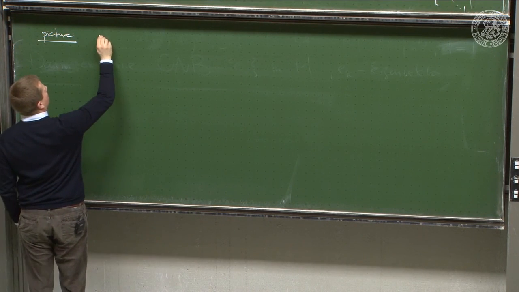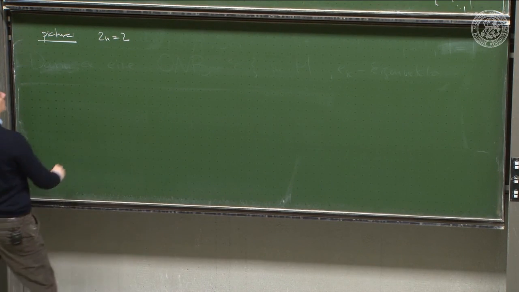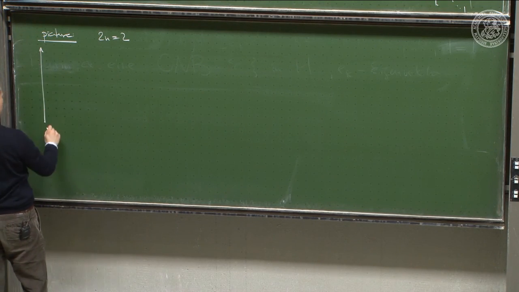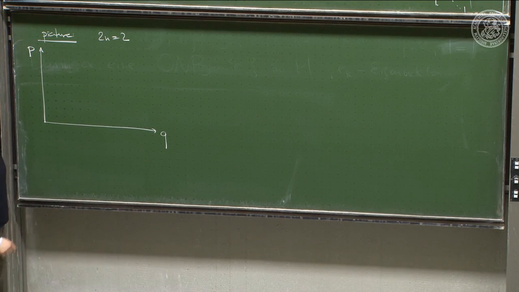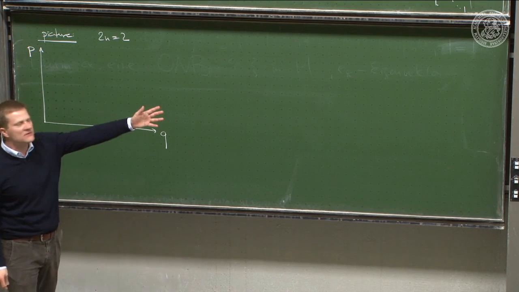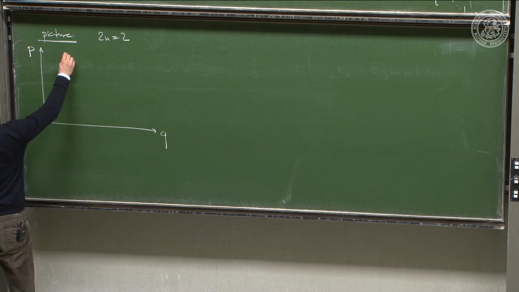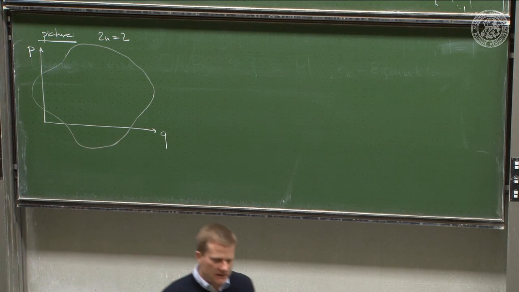So let's do this for 2n equals 2 dimensions. So if we go to Darboux coordinates, we can certainly look at the chart, okay? Where here I got the q's and there I got the p's. So obviously this is not a picture of the manifold, it's a chart, okay? And maybe this part of the chart is the image of the Darboux coordinates.